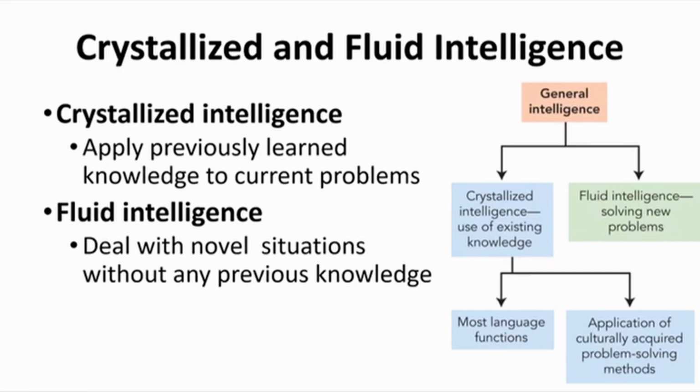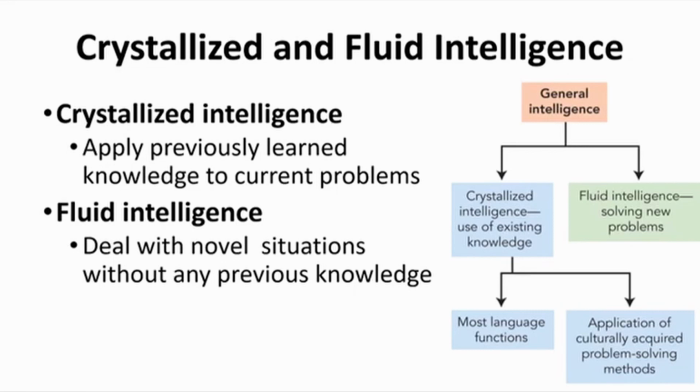In contrast, our fluid intelligence is all about solving new problems, dealing with novel situations without using any previous knowledge. So fluid intelligence would involve inductive reasoning and creative problem-solving skills. Basically, you have to come up with a new solution without relying on anything else that you might have known.